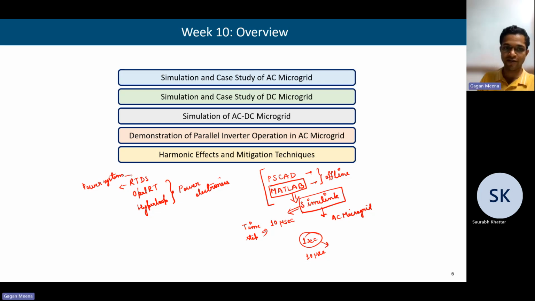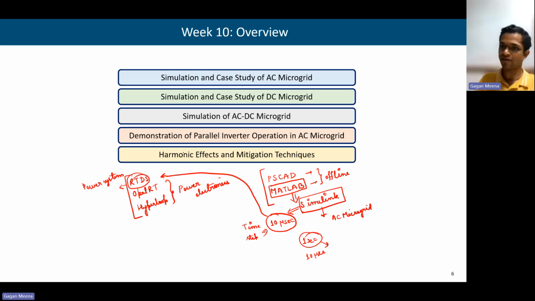So here I told you that if we run the model for each 10 microseconds, the output we will get after maybe 10 minutes, 15 minutes. It will take so much time. But in RTDS, if the time step is 10 microseconds, it will solve that within 10 microseconds itself.